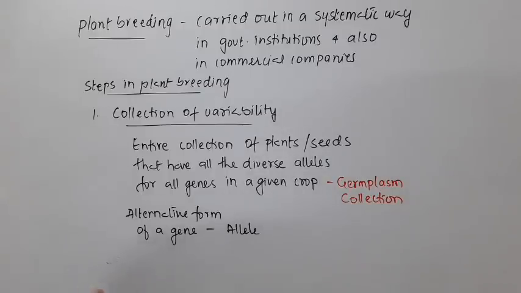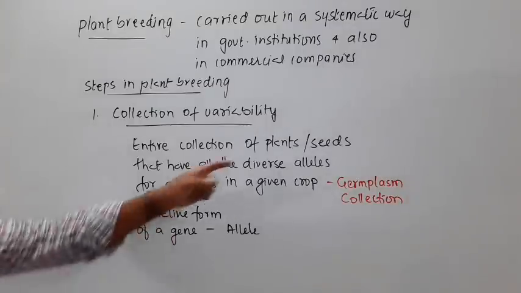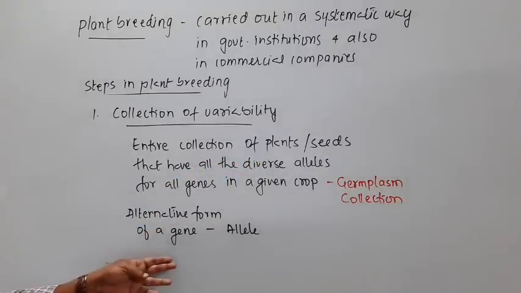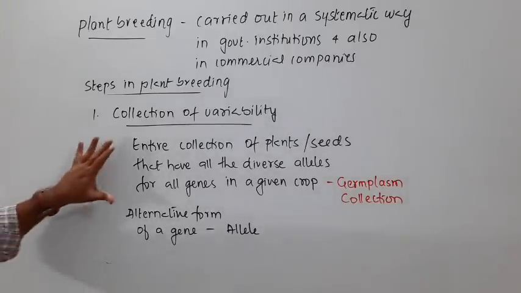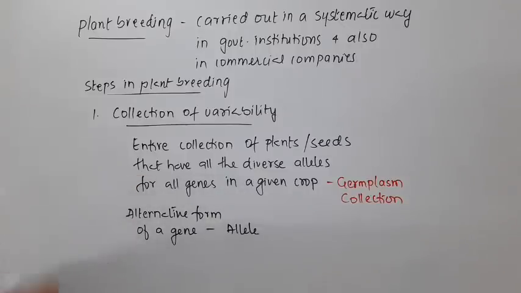When we come to that chapter, you will get a clear idea of what those alleles are, and why I sometimes use the word gene synonymously with allele. We'll see that in the coming sessions. For now, just take this: the diverse alleles for all the genes in a given crop are what we call a germplasm collection. This is the first step in the plant breeding program.